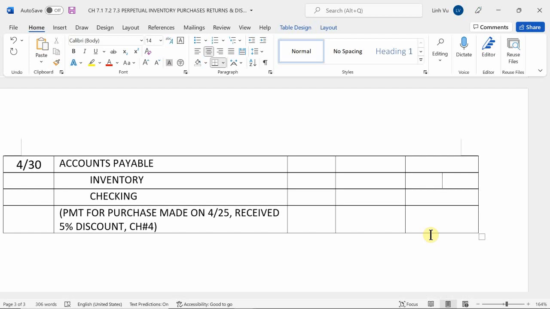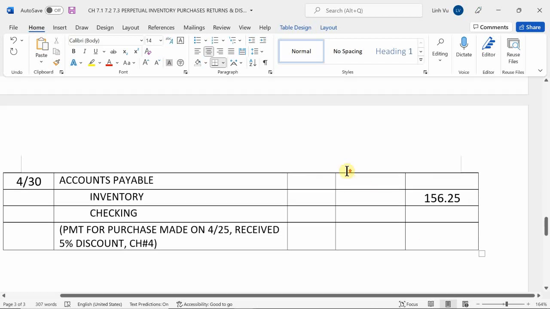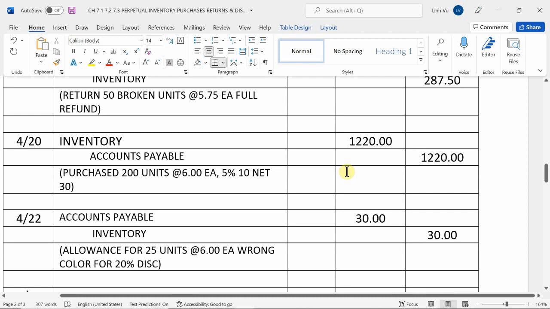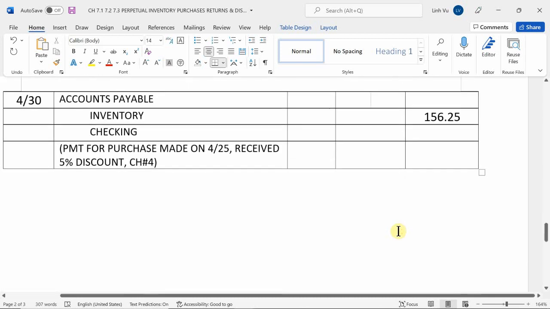Okay, so 3125 multiplied by 5% or 0.05, I should get 156.25. How much do I actually owe? What did I originally record that I owed? $31.75.